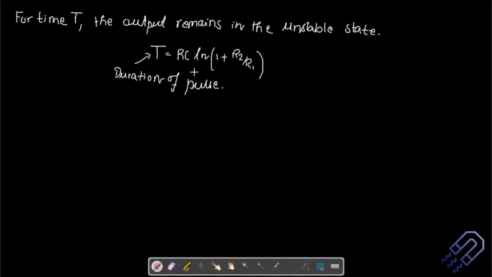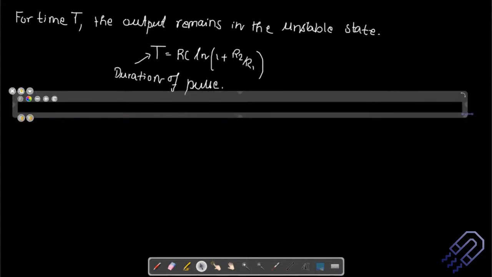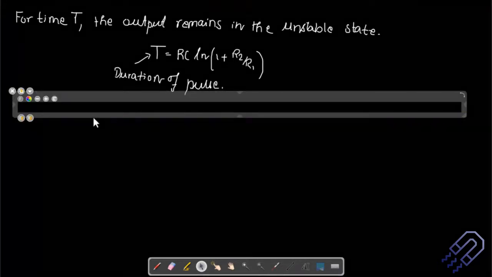And let's write down this question. Maybe we can just solve it now only. It's very simple. If you know the formula, you can easily do it.